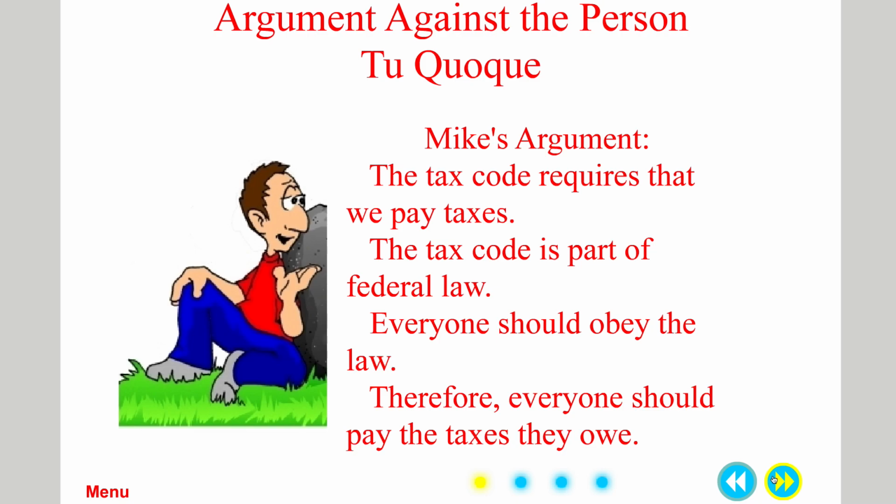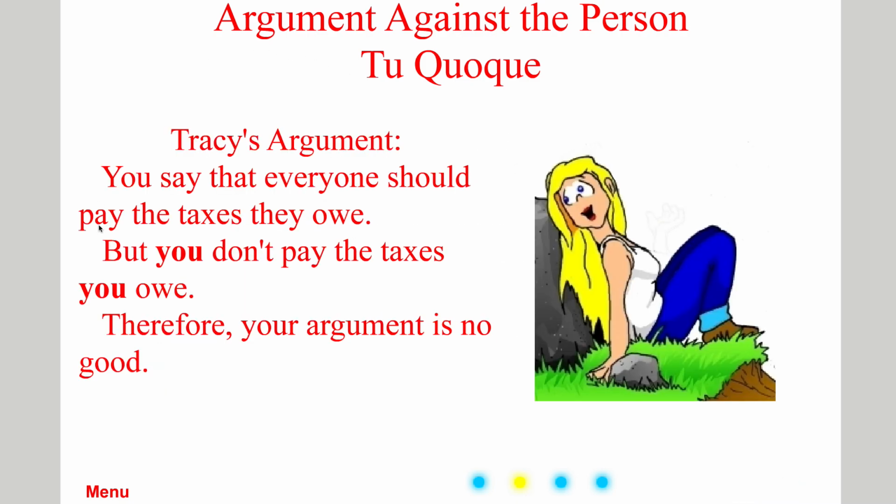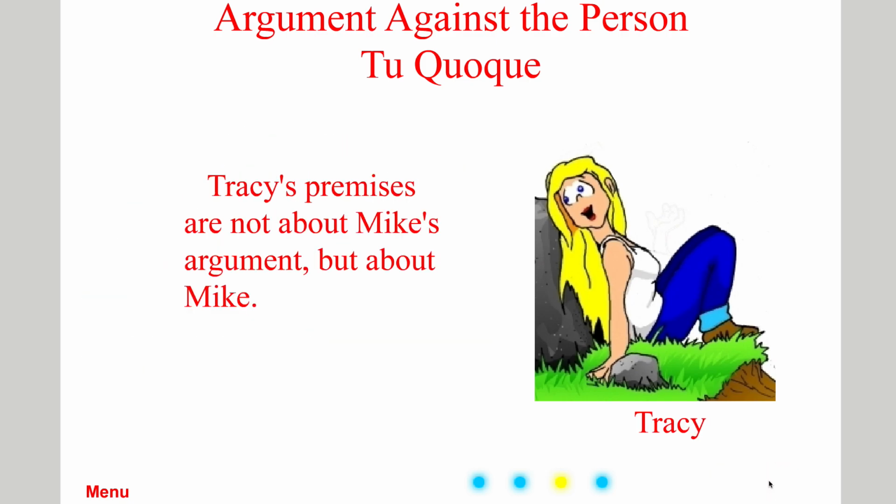and perhaps sound argument if we find these to be true. And so you can't just knock that down by saying, well, you don't pay the taxes that you owe. I know it seems strange, right? But again, what you're doing is you're taking something personal and using it against that person instead of attacking the argument and its premises. Tracy's premises, again, are irrelevant.